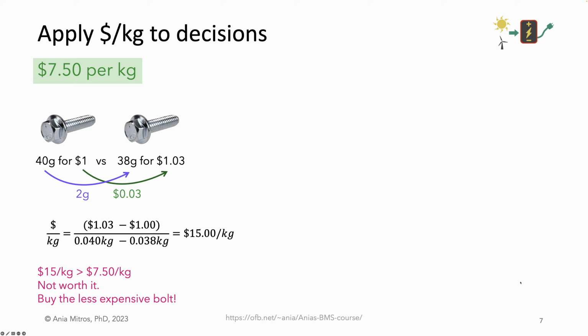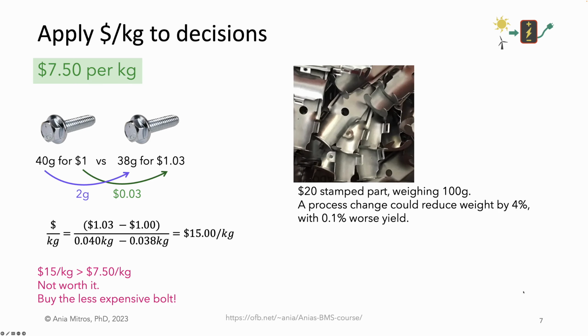Now, pretend you're a manufacturing engineer. You're responsible for stamping some part and realize that you can tweak the stamping process to reduce weight. Unfortunately, 1 in 1,000 parts made in this new process don't come out quite right. You expect more scrap. Should you change the manufacturing process? Again, we can do the math.